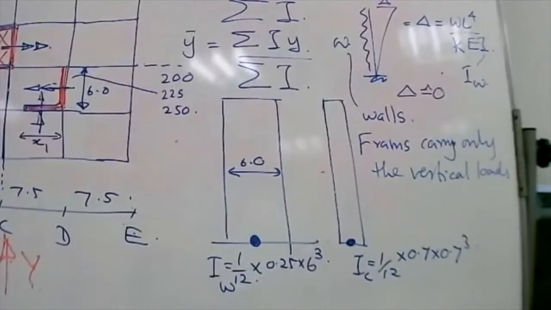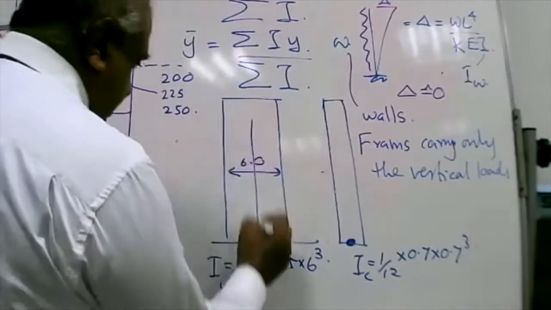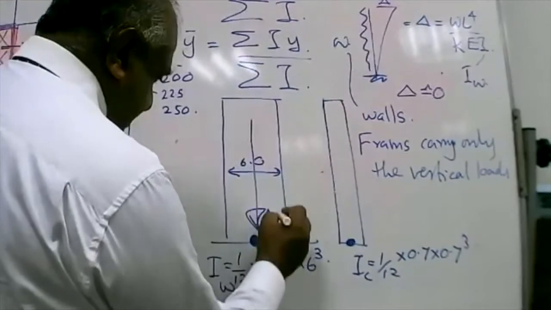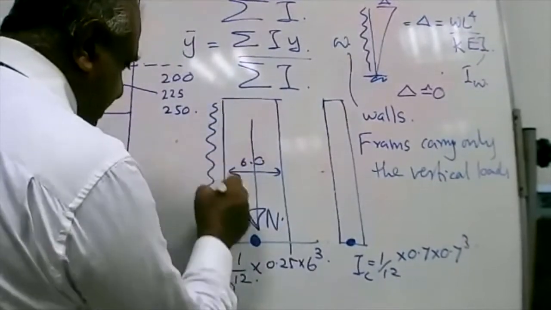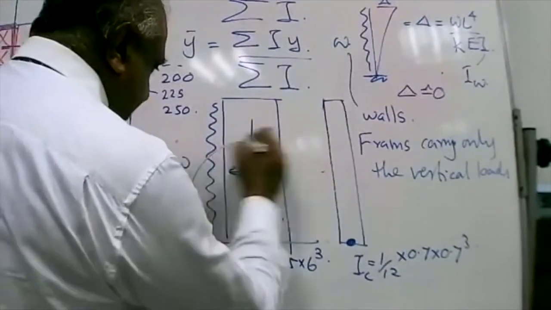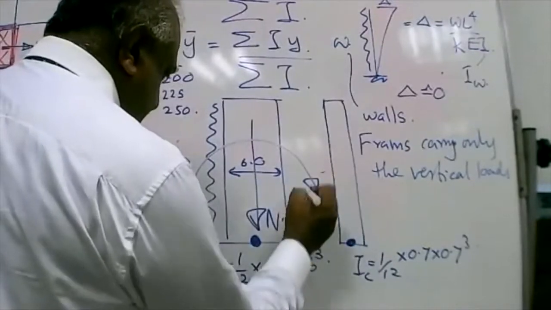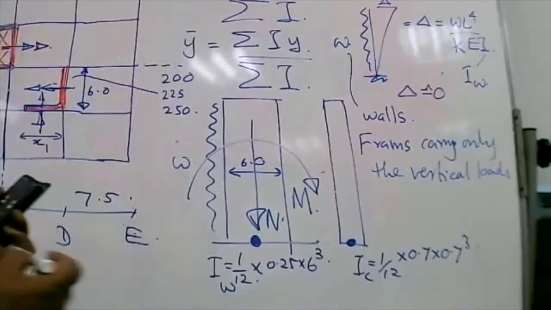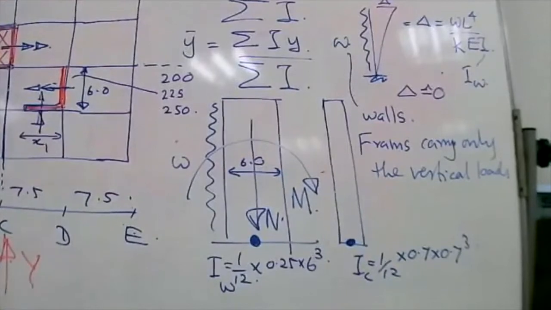Walls also can carry the vertical loads, but when it comes to lateral loads, almost all the lateral loads are carried by the walls. So we'll find the wall is carrying a load N and a lateral load W, which causes a bending moment M. So the wall will be carrying a bending moment M and an axial load N.